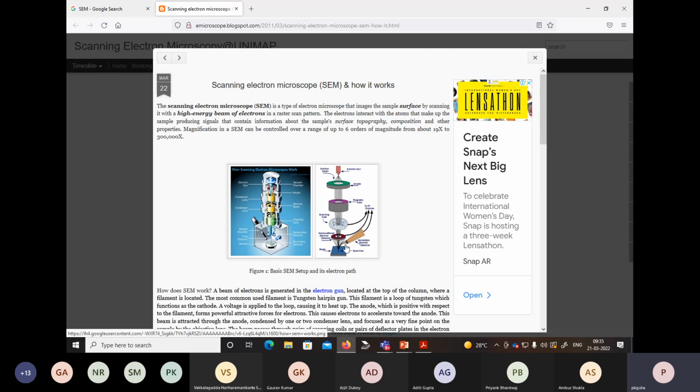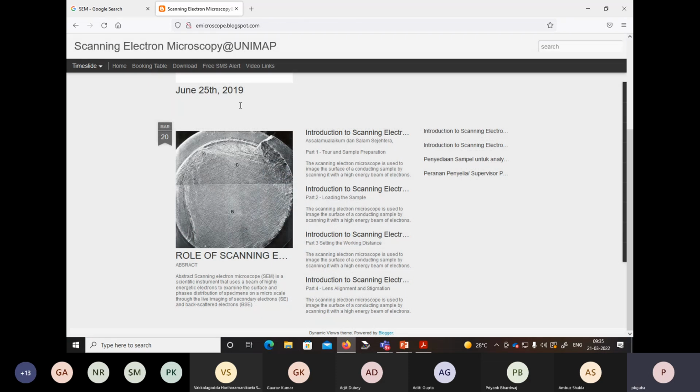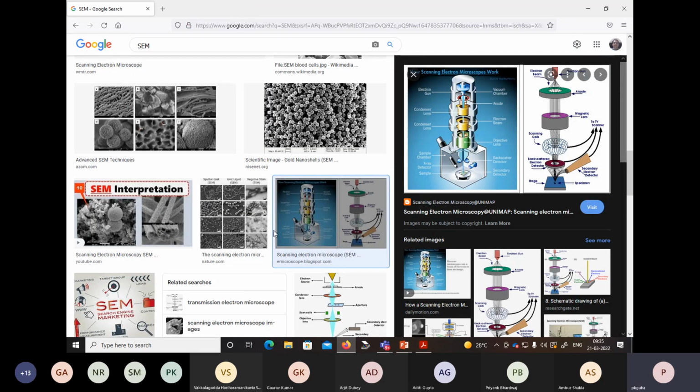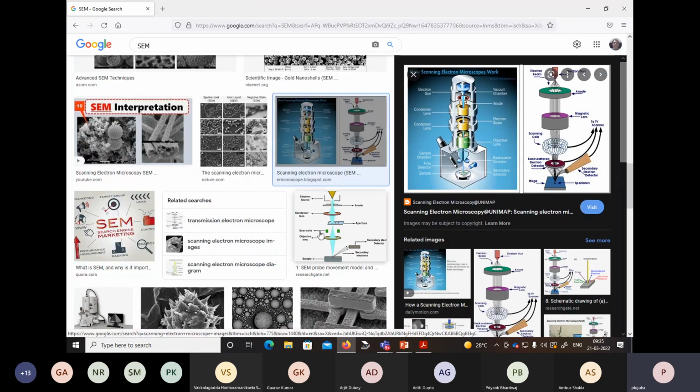So the secondary electron detector is much closer to the sample, whereas the backscattered electron detector is away from the sample, but it is closer to the axis.